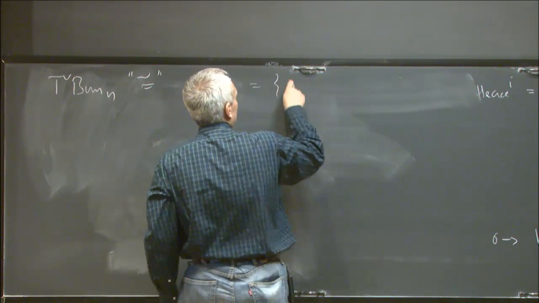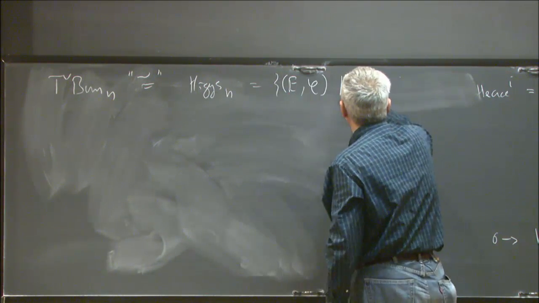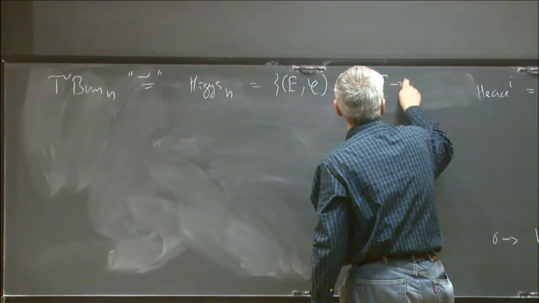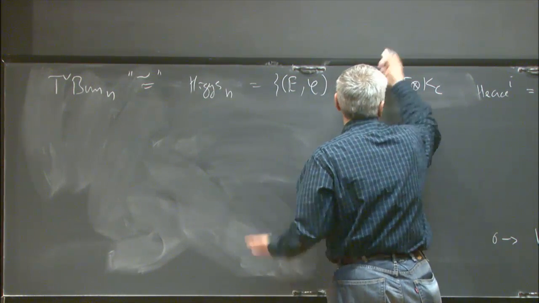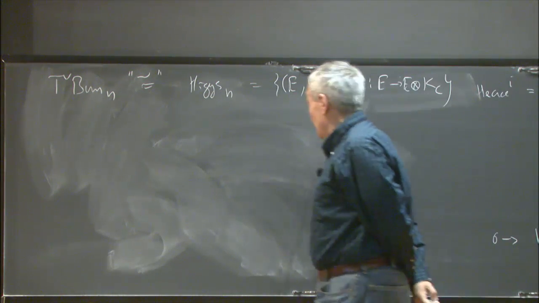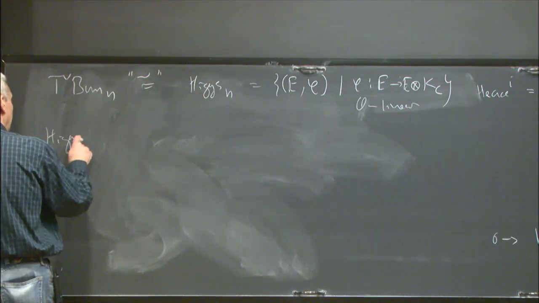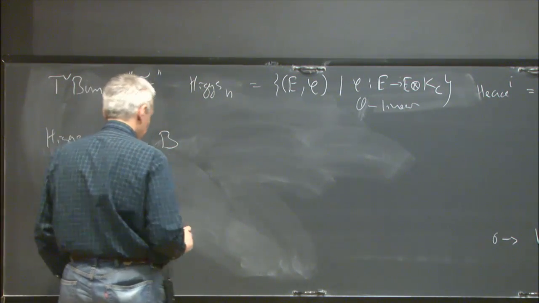So these are coherent sheaves, vector bundles of rank n, and all linear maps from E to E tensor the canonical class, which square to 0 in this case. This is automatic because we are on the curve. Given by the Hitchin map.